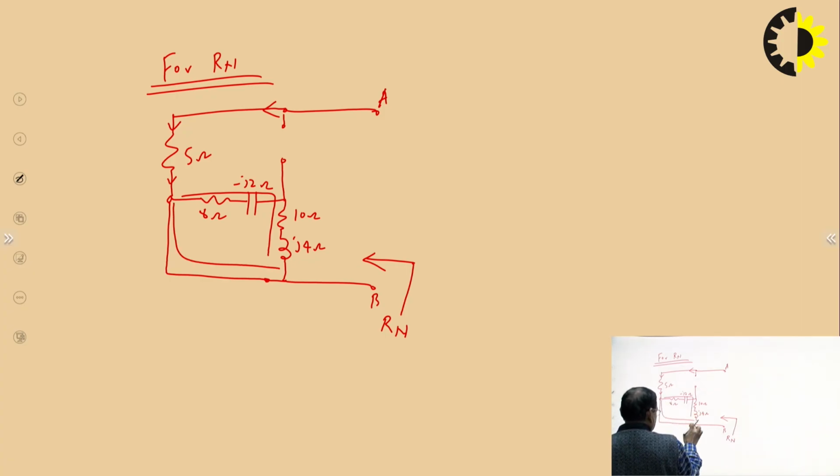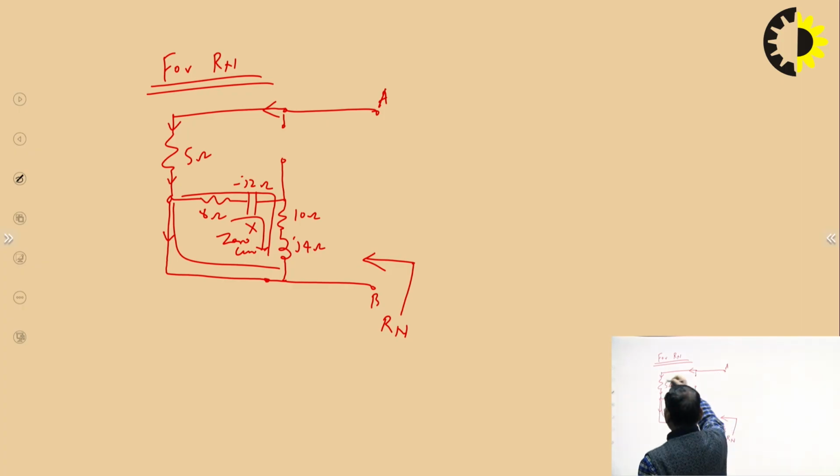This path has zero resistance, whereas this path has some impedance. We know that current follows the minimum resistive path. The whole current will pass through this and zero current will pass through the other. So this B terminal is here, here and here.